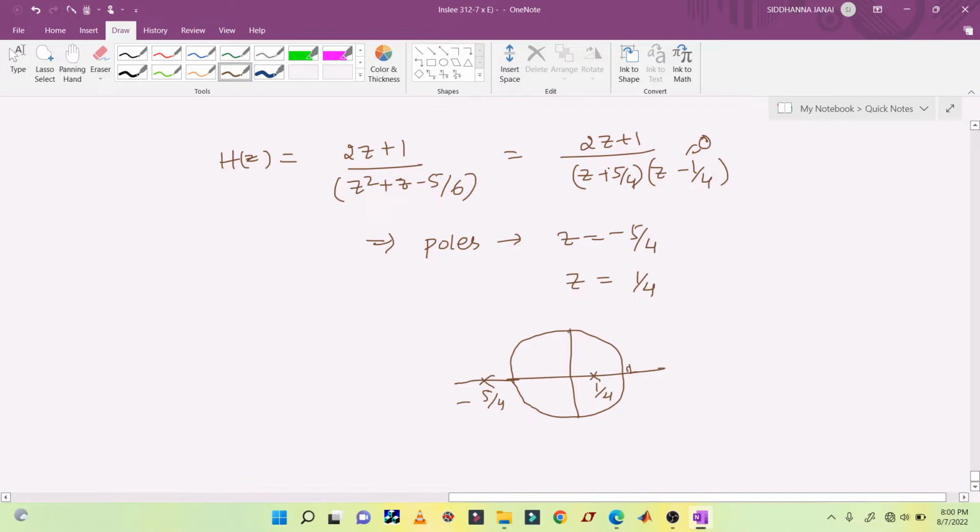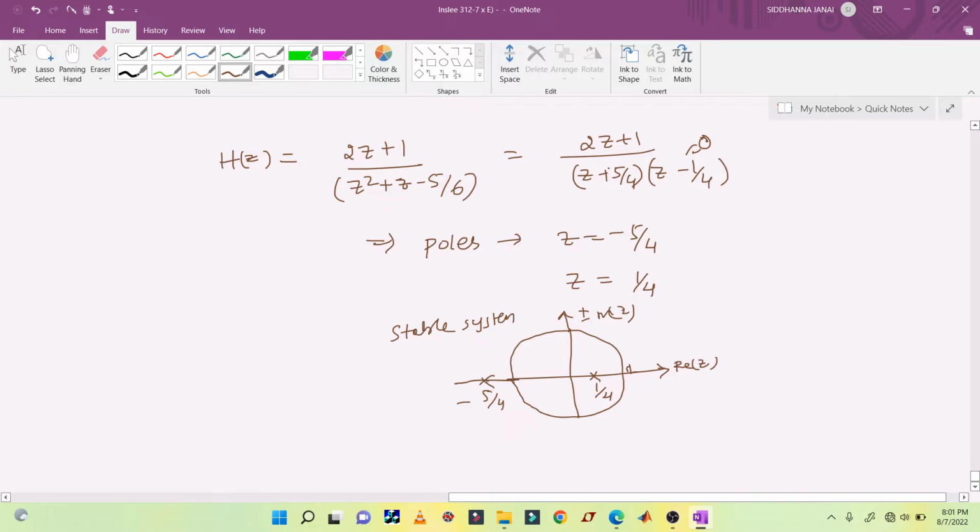Here you can see clearly that in this z plane, all the poles are not inside the unit circle. That's why it is not a stable system.